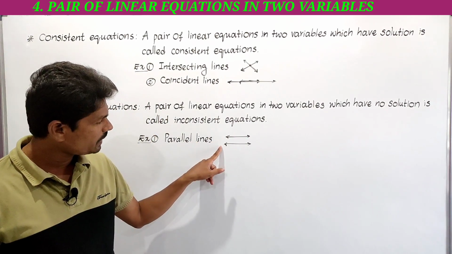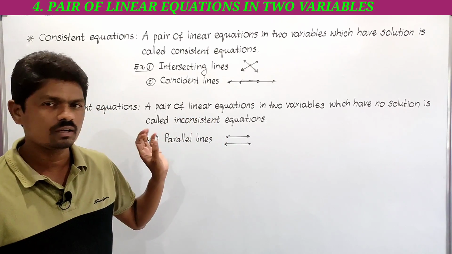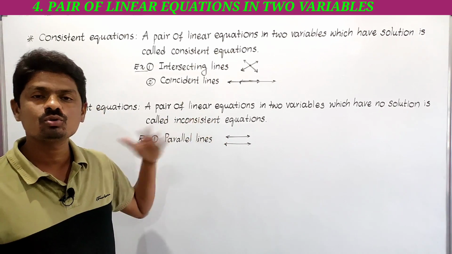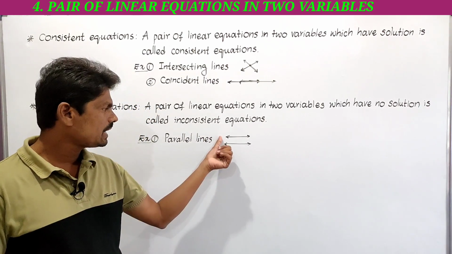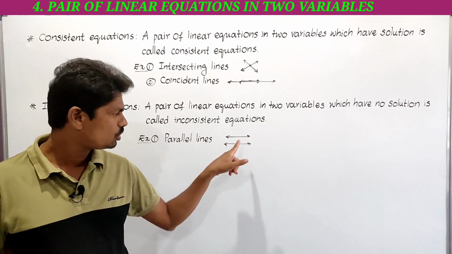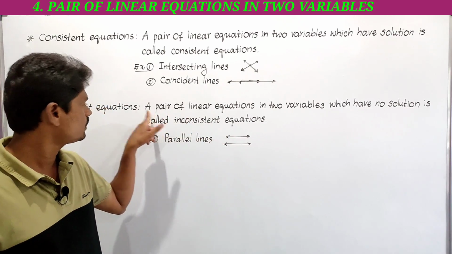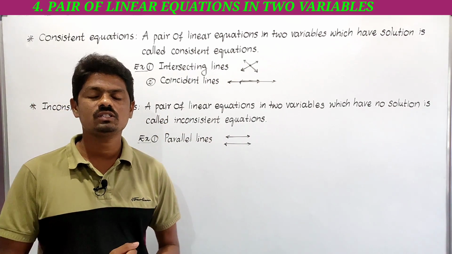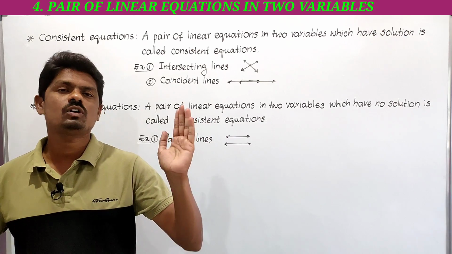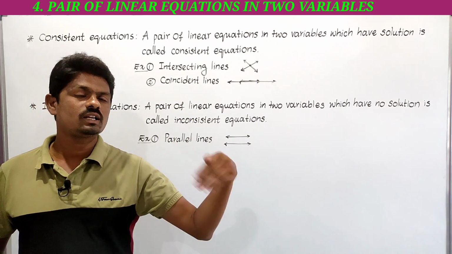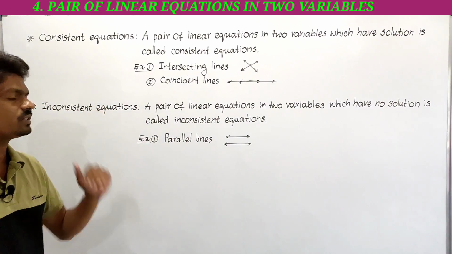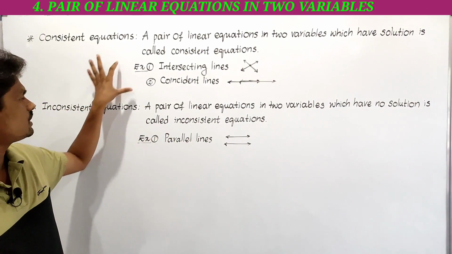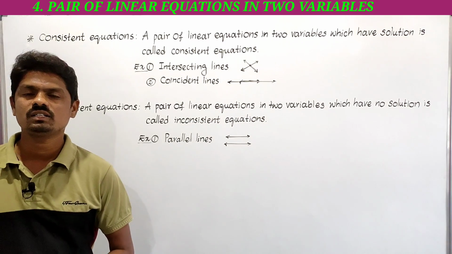These two are parallel lines, they have no common point, hence they have no solution, so they are inconsistent equations. Simply remember: if there is a solution, consistent equations; if there is no solution, inconsistent equations. These are the consistent equations, these are the inconsistent equations.